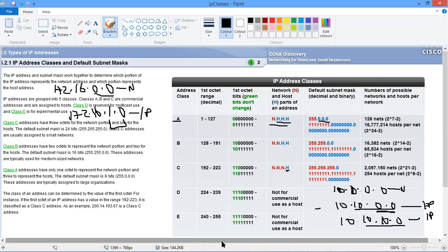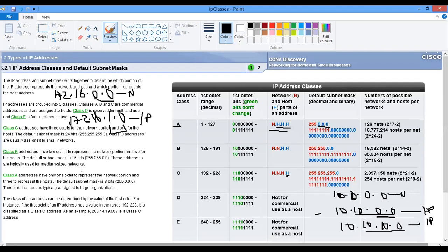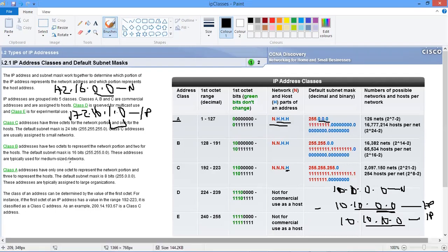They are not completely zero. Then coming to this class C, 192.168.1.0. This is a network. This is a network address.